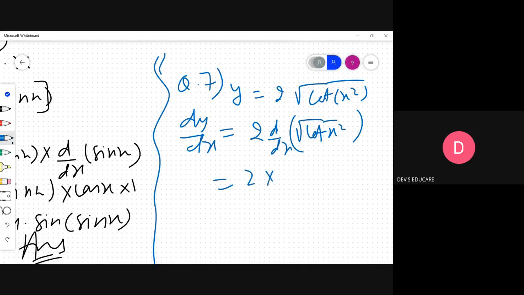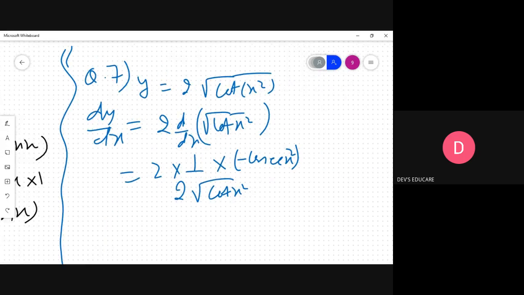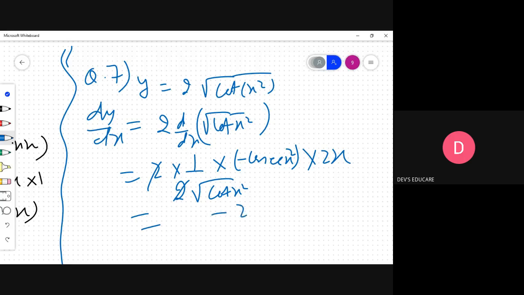In place of x we have cot x square. Then the derivative of cot is minus cosec x square, and again in place of x we have x square, so this will be 2 multiplied by 2x. So this is minus 2x cosec x square upon root over cot x square.